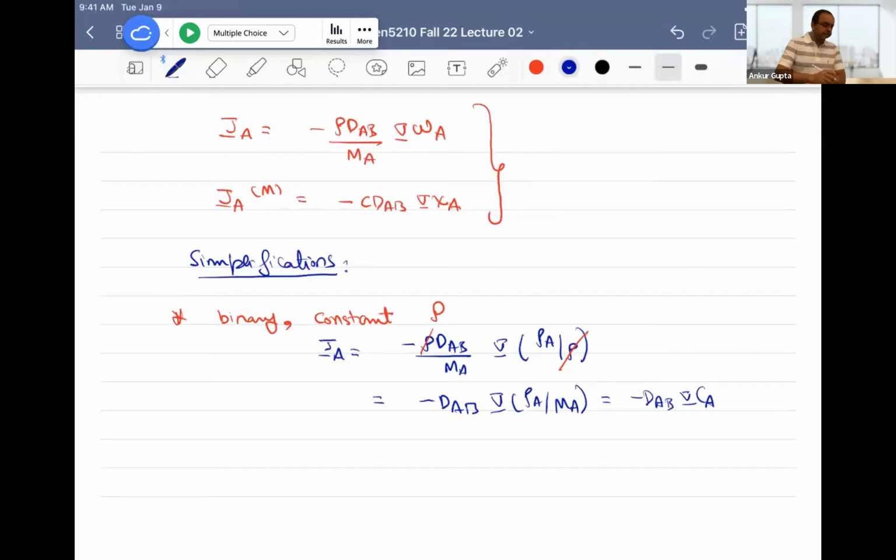Now let's think of another example, another simplification, which is pseudo binary and constant rho. And this is a simplification which actually is most commonly used, but it's not always clear or evident sometimes how to think about this.